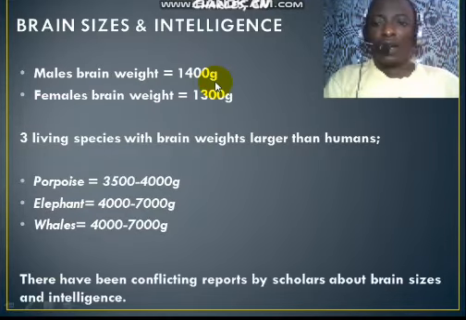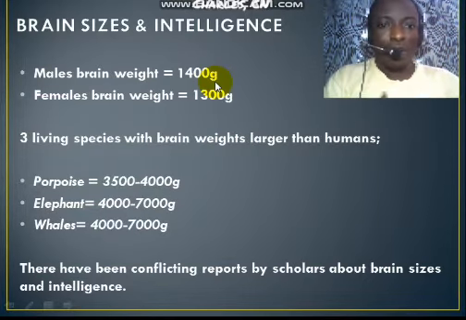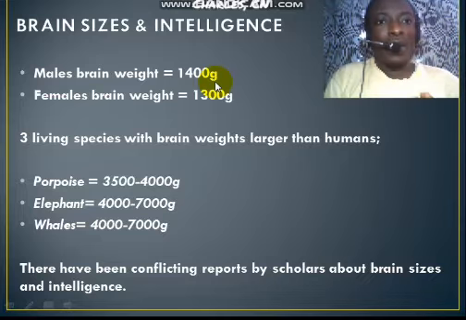Now, there have been conflicting reports by scholars and researchers about brain sizes and intelligence. In some reports, the scholars have postulated that people with higher brain weights are more intelligent than people with lower brain weights. For example, these three animals have higher brain weights than human beings. It simply means that what that report is saying is that the porpoise, the elephants, and the whales are more intelligent than humans because they have larger brain sizes.